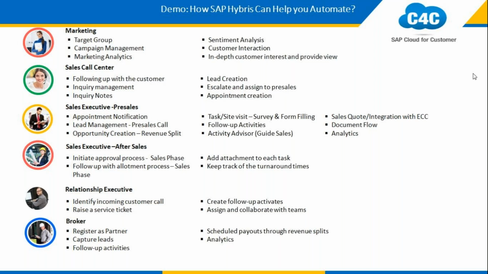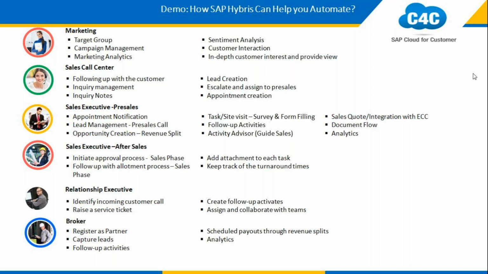Then there is a call center feature also available. It normally covers follow-up with customers, inquiry management, lead creation, escalations, appointments. There is a pre-sales activity mentioned. It covers appointments, lead management, opportunity management, site visit, survey, quotation, follow-up, activity advisor. These are the things which come under the bracket called pre-sales.